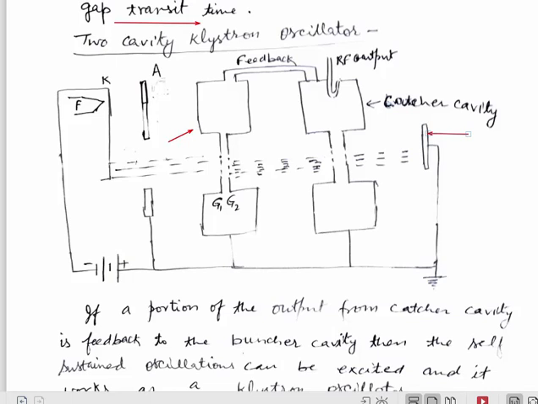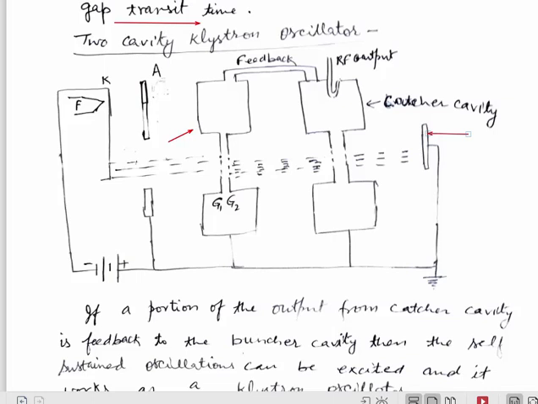In our next lecture, we will discuss the reflex klystron, in which instead of using two different cavities for the buncher and the catcher, a single cavity is used both for the velocity modulation and for the power output from the same cavity.